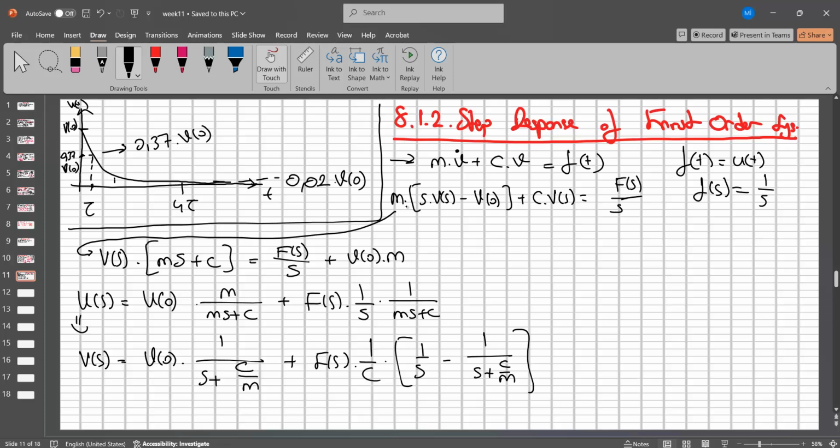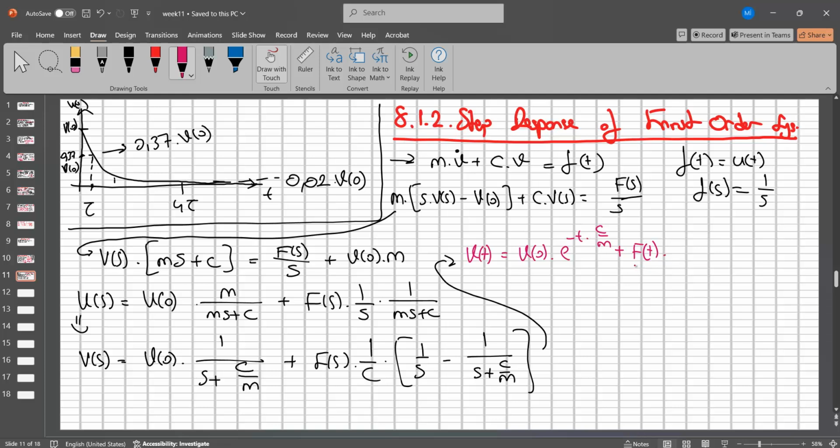And so if this is the solution, what is the value of V(t)? Just remember that. What is the solution of this term? V0 times e to the minus t times C divided by M, plus F(t).